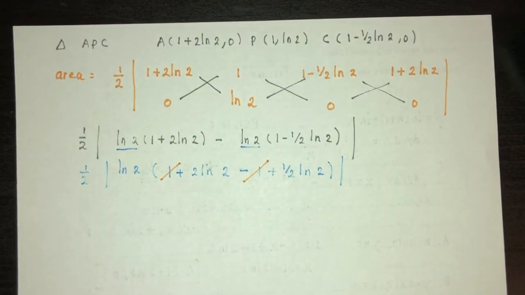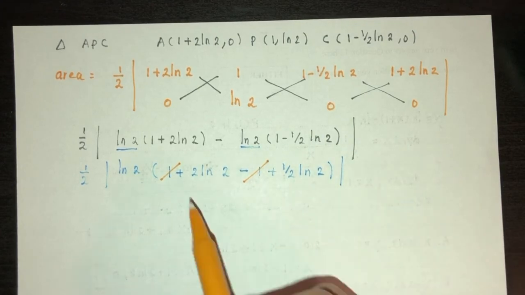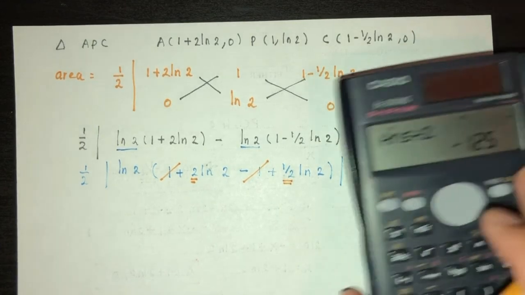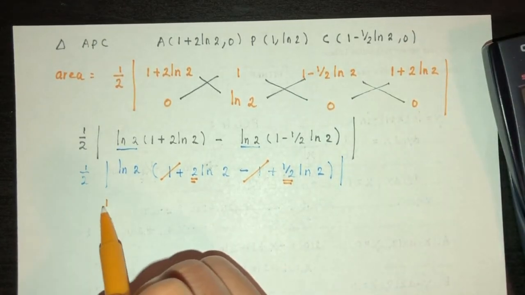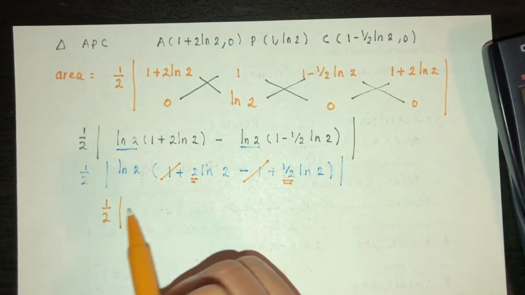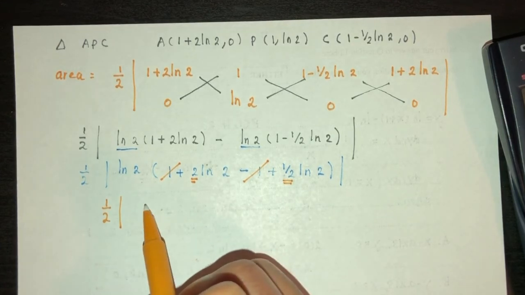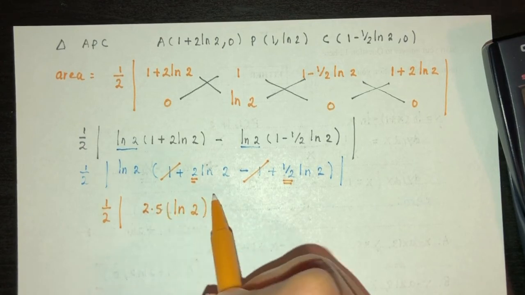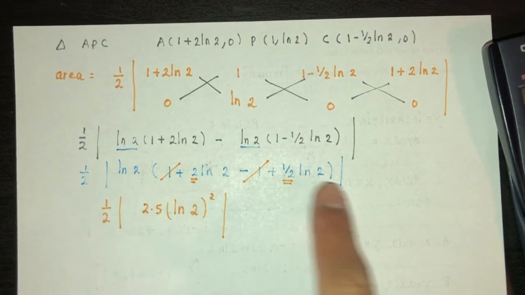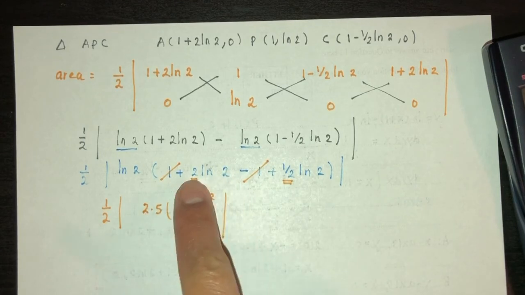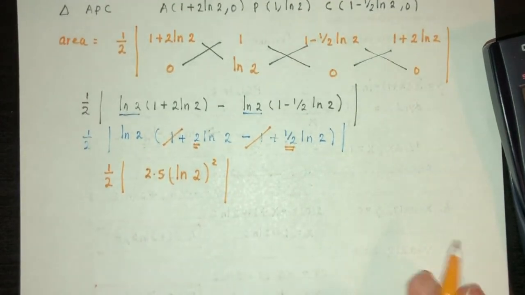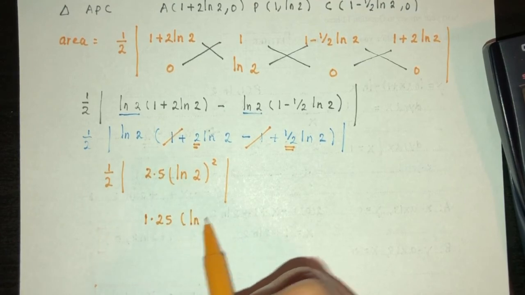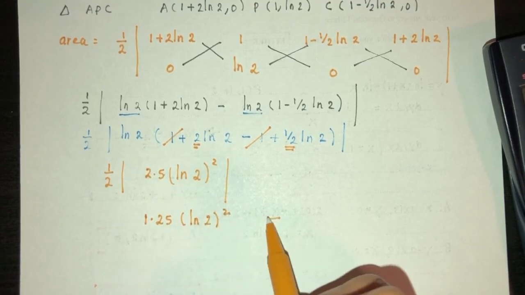And here what do we have else? 2 plus half. That will be 2.5, so you'll have half ln 2 times 2.5 ln 2. Now simplify, that will become 1.25 ln 2 squared.